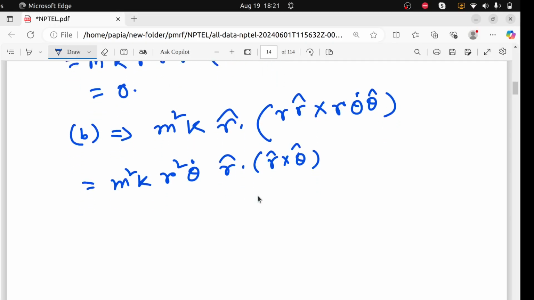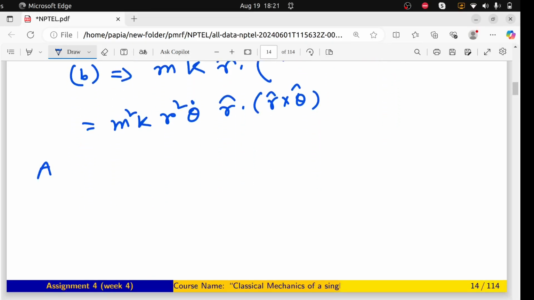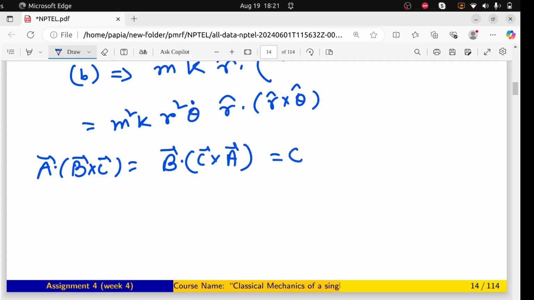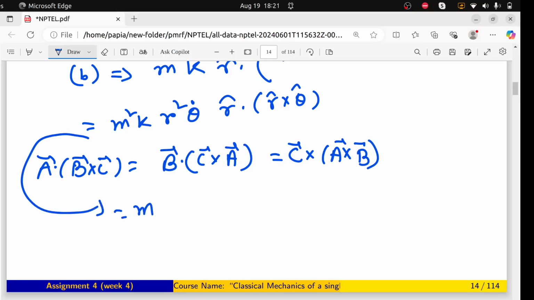Similarly, again I just want to use this expression: C dot A cross B, the same as A dot B cross C. So I can write here C dot A cross B, that means theta cap dot r cap cross r cap.